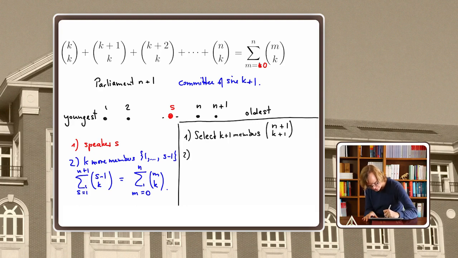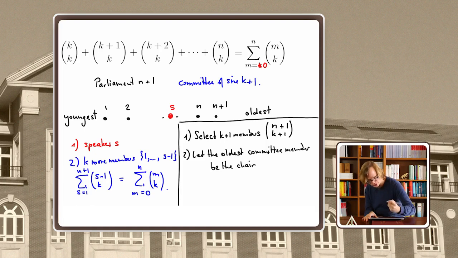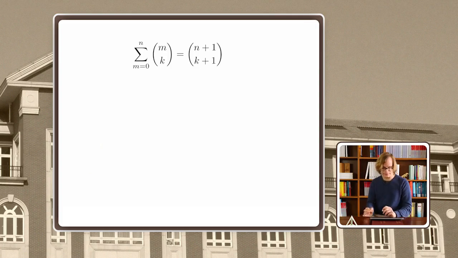And second, we let the oldest committee member be the chair. So how many choices do we have for this? Well, simply one. Therefore, we see this sum sums up nicely to this. All right? Let's again write it up nicely.